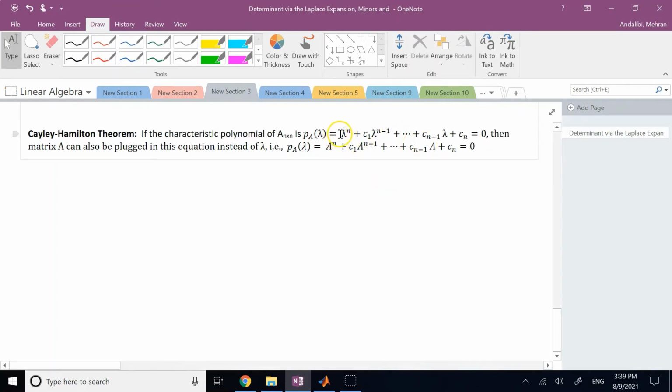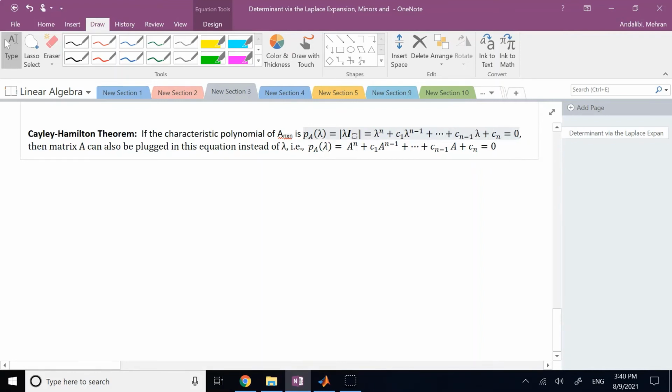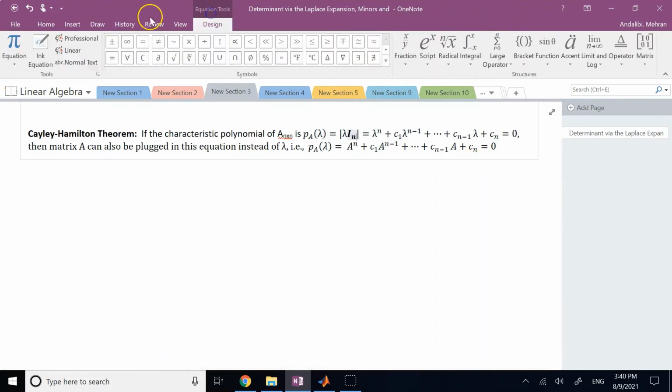But if you really want to write it, it is going to be the determinant of what? It's going to be the determinant involving the parameter lambda, or any other parameter. It doesn't necessarily need to be called lambda. The reason we do it is because later we use it for eigenvalues, okay? But again, in this case you don't really have to call it that.